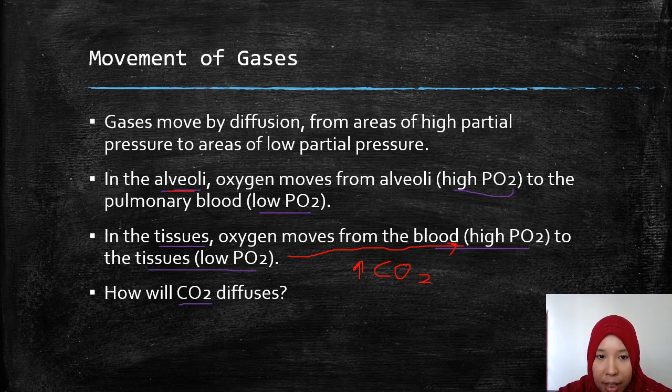So you have high carbon dioxide in the blood, and in your alveoli, there's low carbon dioxide, and so carbon dioxide will move from the pulmonary blood to the alveoli, and that's the movement of carbon dioxide, which is different from oxygen.